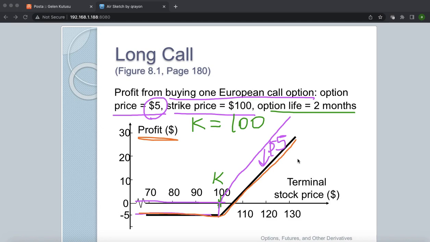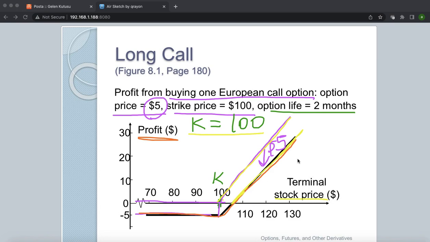If we have a European call option, remember we have the right to buy this underlying asset. If the underlying stock price is above this strike price of $100, we will have a gain in this region. Reducing the premium of $5, from $105 here we are actually making a positive profit.